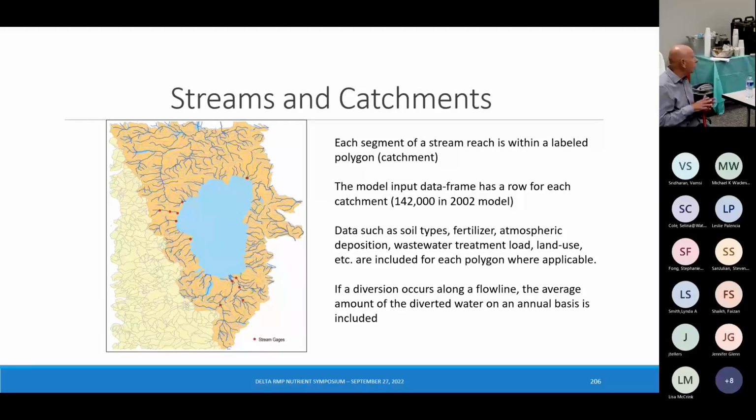If there's a diversion along the flow line, we have a column there, diversion, yes, no. If yes, how much? All right. If it's a calibration site, like where those red dots are, then we say calibration site, yes, annual load, so many kilograms. So that's how we start with the model. Next slide.